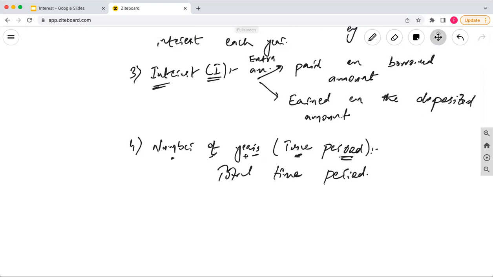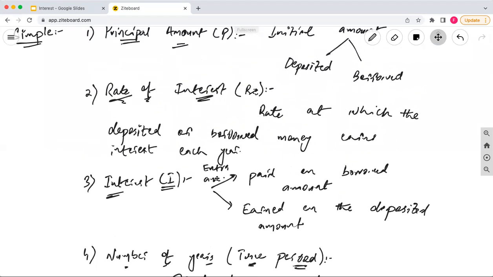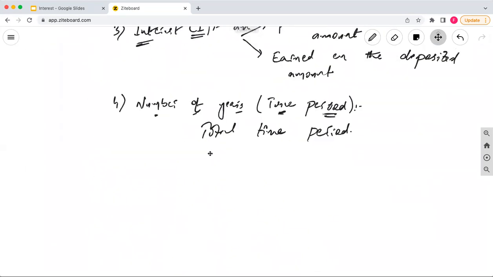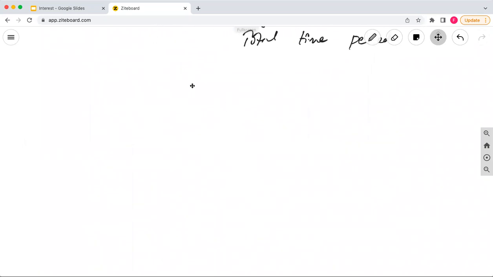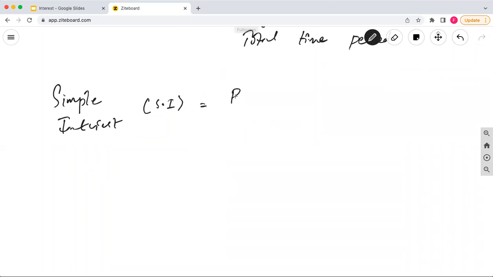Okay, so based on these four basic terminologies, what is the formula for simple interest? Simple interest, denoted in short form by SI, is the principal amount times the number of years or the time period times the rate of interest.